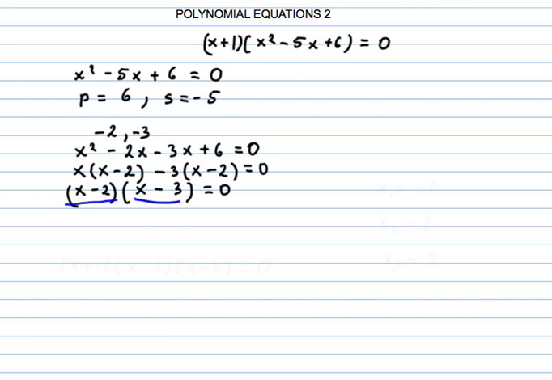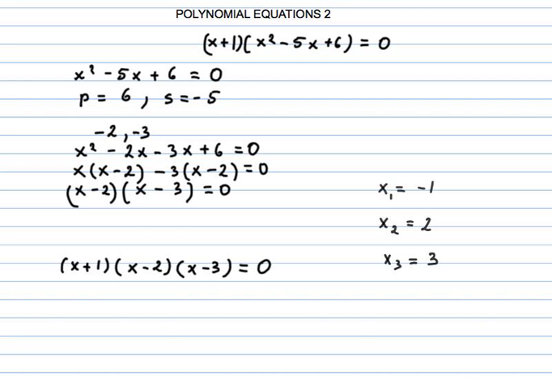And you get so excited because the solutions here are x minus 2 equal to 0, so that gives you 2, x minus 3 equal to 0 gives you 3, and the third root is -1. So this is the set of roots for that equation. Check, check, check. Cubic equation, 3 real solutions, beautiful.